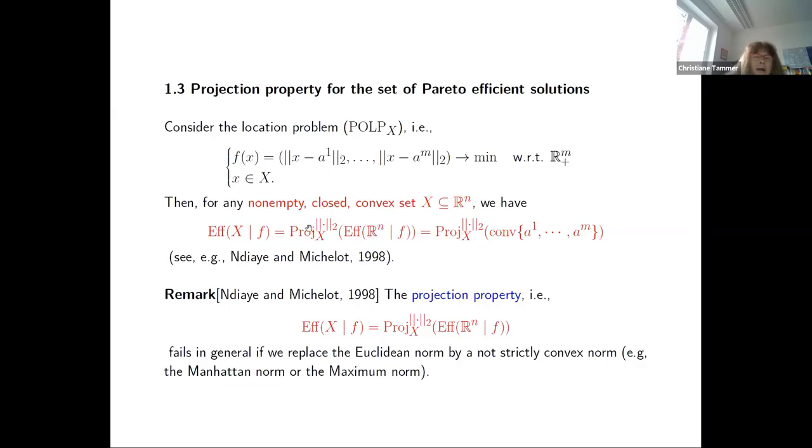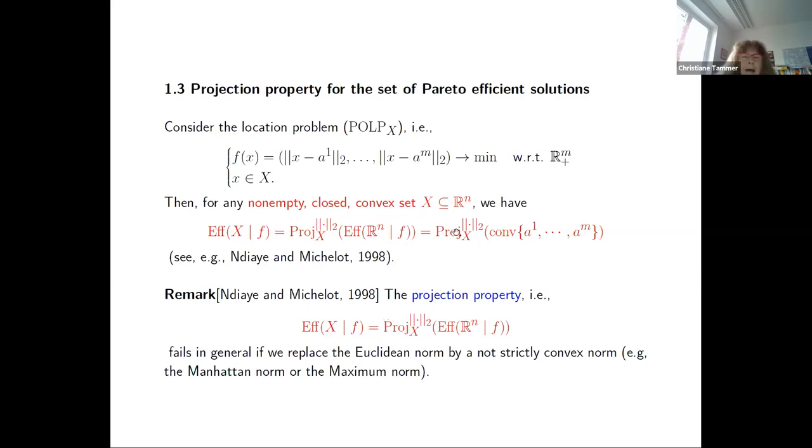And furthermore, one has to use a projection of this solution set onto X using the Euclidean norm. And this can be described here also using the convex hull, as we have seen before. This property in the paper by Nguyen and Michelot is called projection property.